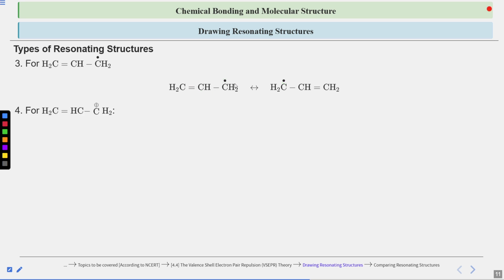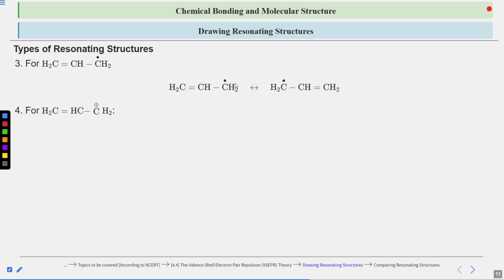Now next we have the example of a double bond, single bond, and a positive charge. How will we do it? If I tell you that electrons flow from a high density area to a lower density area, then what would you expect from the resonating structure of this diagram? From where will the electron move, and where will it move to? Just think about it.